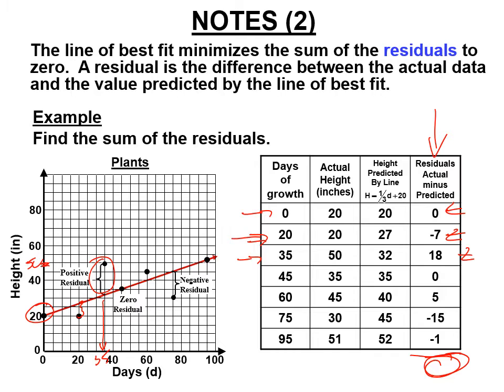If I made a line a little higher, the residuals would not add up to 0. There would actually be a negative residual number down here. And if I had made it too low, there would be a positive residual sum there. What we want is this line to have all the residuals add up to 0. Okay.